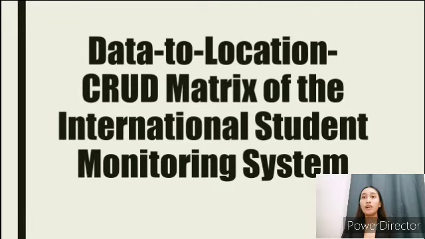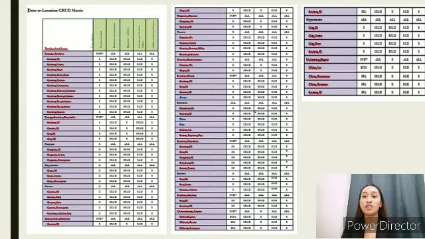And following in this chapter is the data to location CRUD matrix. So, as we all know, a CRUD matrix consists of its entities and its attributes, and these attributes from each entity could be accessed in different locations.